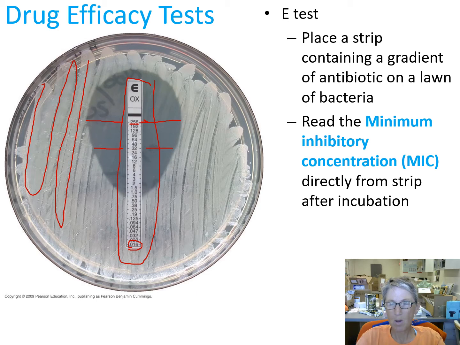And then you read the minimum inhibitory concentration directly from the strip. So the minimum concentration that will inhibit these bacteria, you could read maybe at 1 microgram per mil because it's still killing the bacteria.